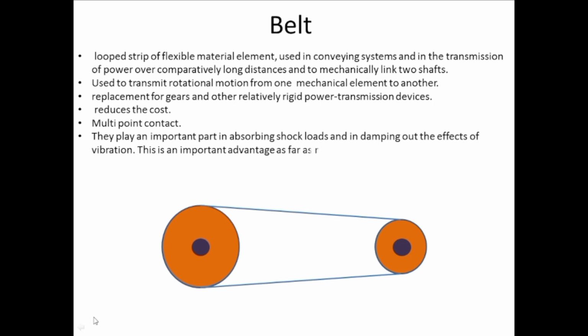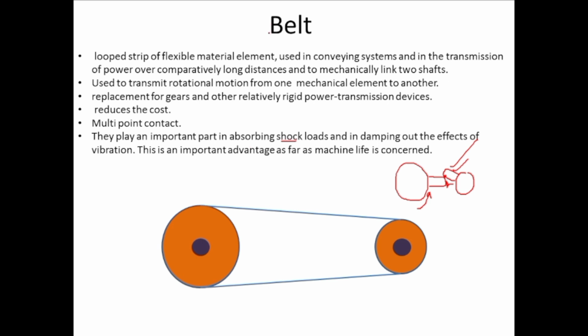You know that whenever there is a mechanical element or machine, there will be shocks, there will be vibrations. For example, in case of the gears, this was one tooth and this was another tooth. If this is rotating like this, as soon as this tooth comes in contact with this tooth, through this point contact there will be a shock load on this tooth, and there will be vibrations as well.